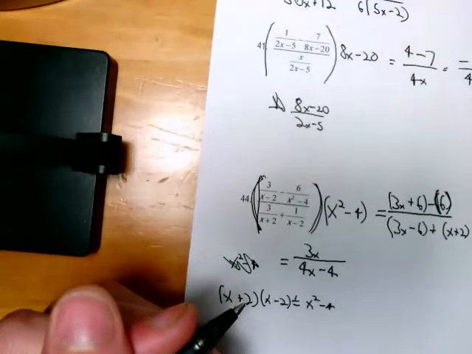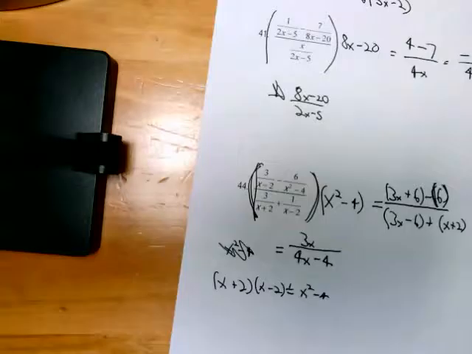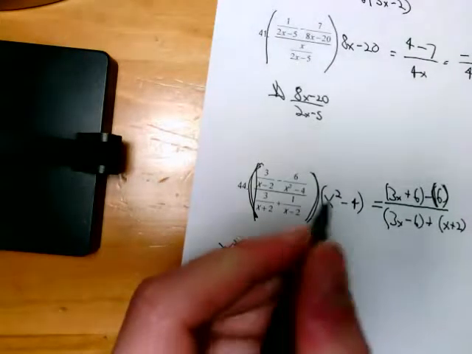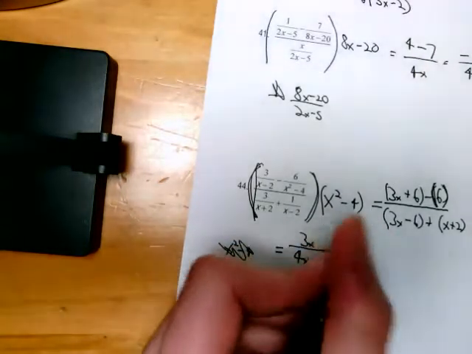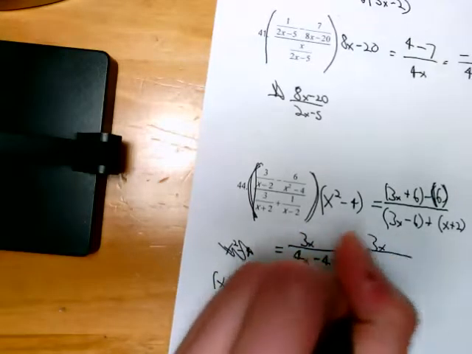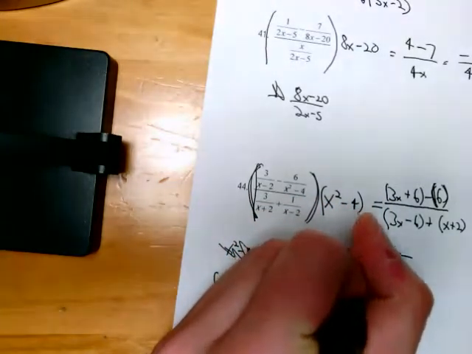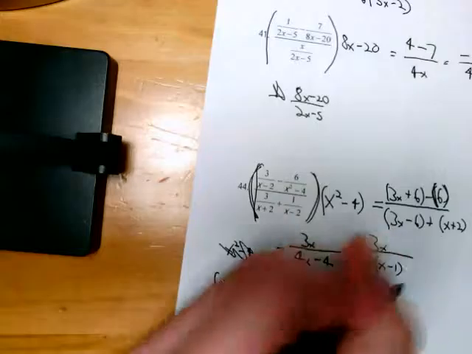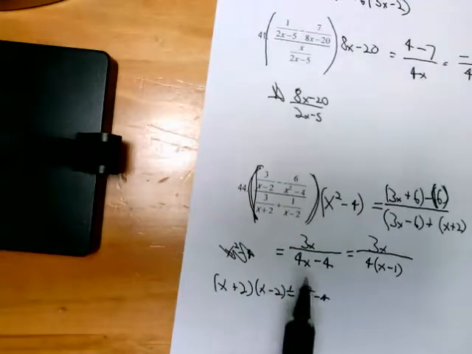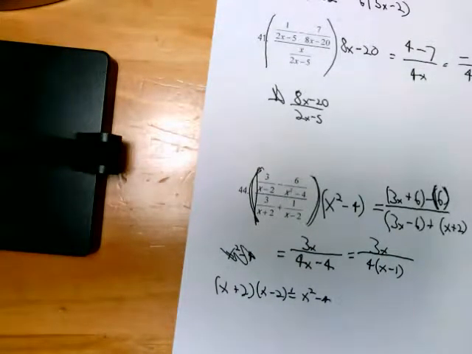I think that's as far down as it can be broken. Yeah, because 4x minus 4 can be broken down further to 4 times x minus 1, because of the 4's here, but this is as simple as you can get it.